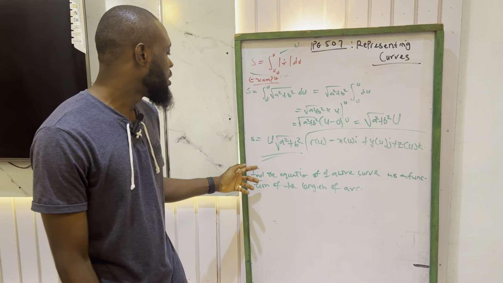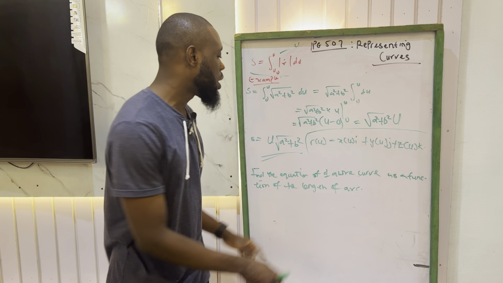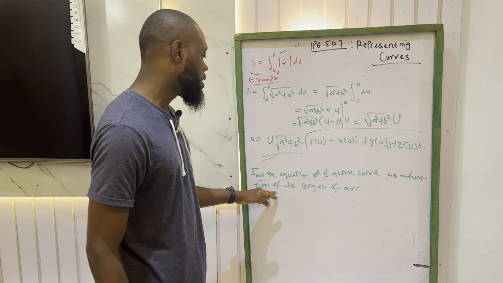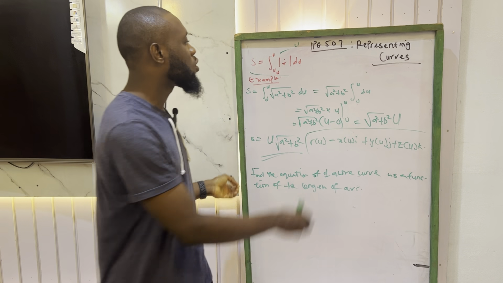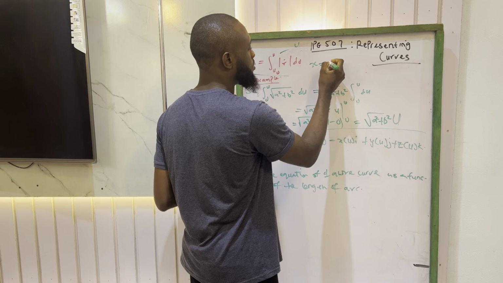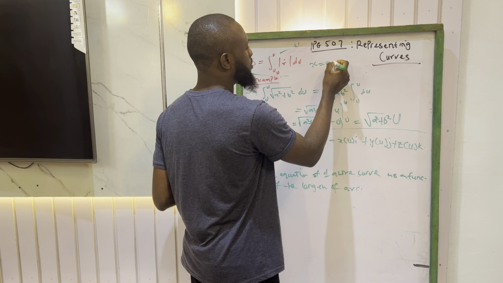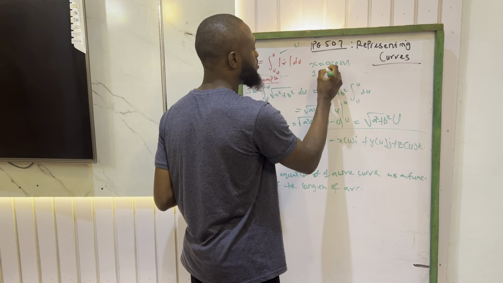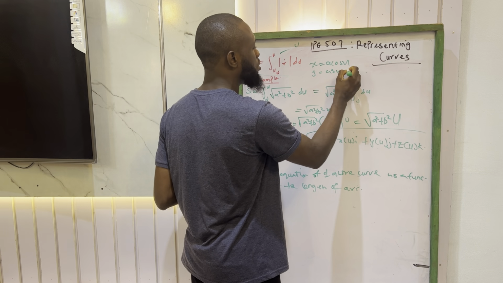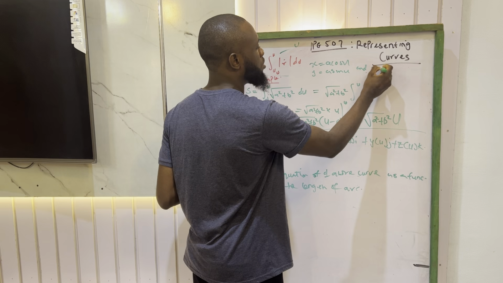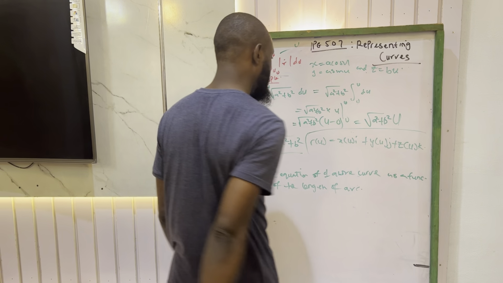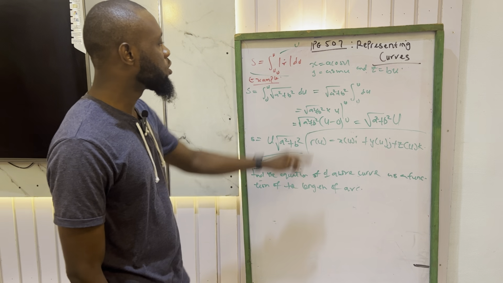So the question is saying, find the equation of the above curve as a function of the length of arc. So the above curve is the curve where our x was, I don't know, a cos u, our y was a sin u, and our z was b u. Yes. So this is the curve.